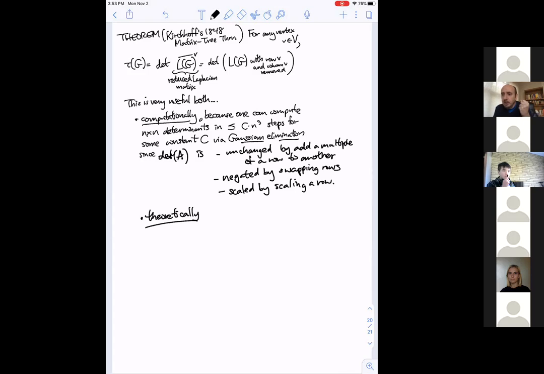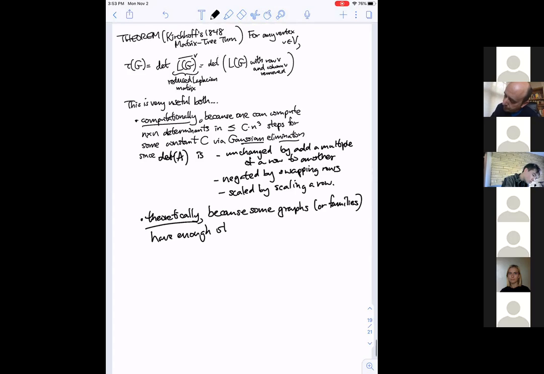So we're going to do one of these theoretically, because some graphs or families of graphs have enough structure to compute this determinant of the reduced Laplacian via eigenvalues of the matrix.